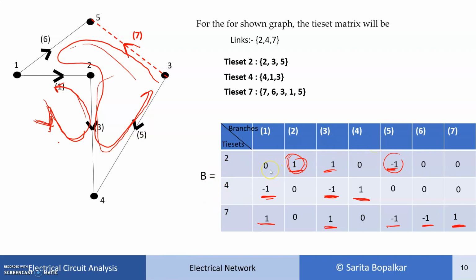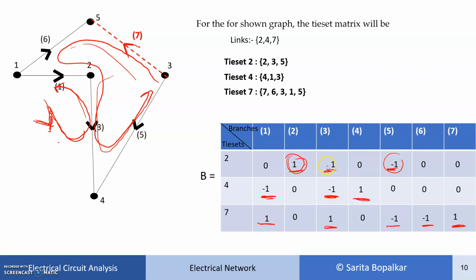Whenever you want to write the elements, check the first Tieset. What is the link? The link's branch current orientation is our direction to check the other branch currents, whether they coincide with our link direction or not. If it coincides, the element is 1, otherwise -1.